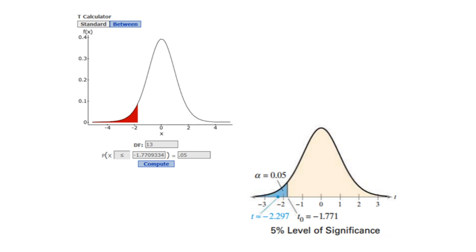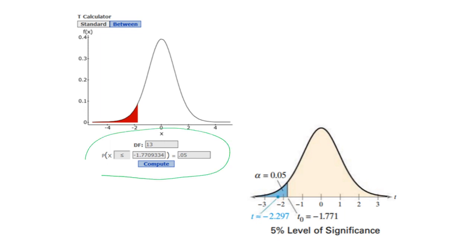Now, if they had asked me a little differently, if they had asked me to look at the rejection region, that's what I did here. I had to find my critical value here on the graph, which was negative 1.771.